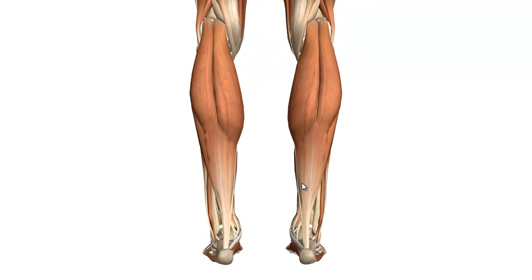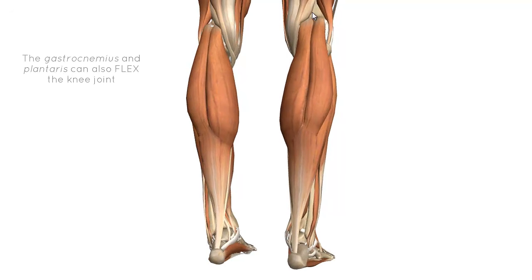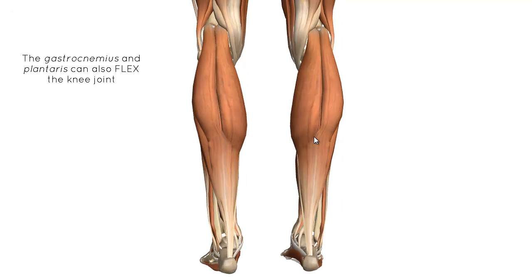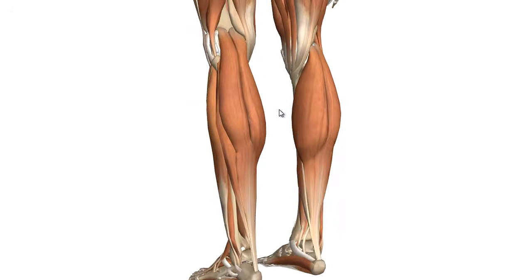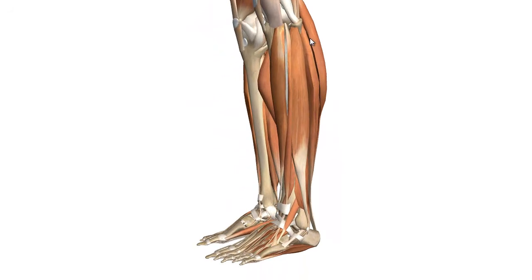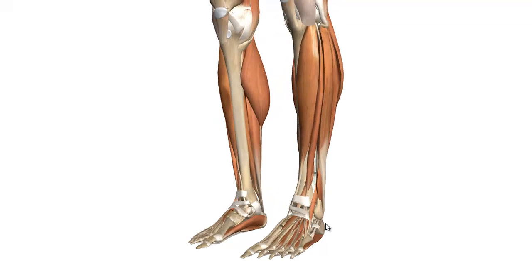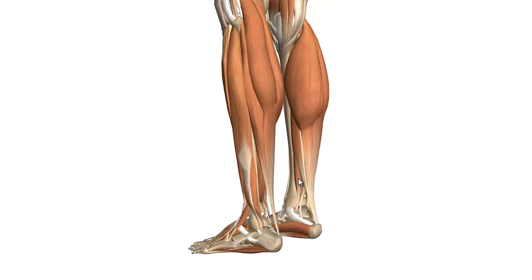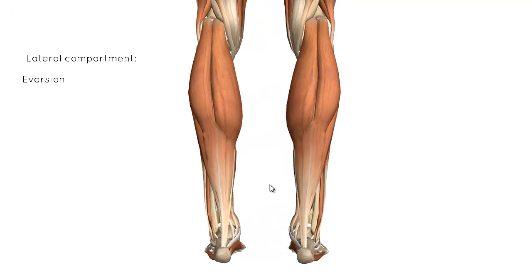As well as plantar flexion, flexion of the digits, and inversion, there are two muscles in the posterior compartment which can also flex at the knee because of their attachment on the femur, and these are the gastrocnemius and the plantaris muscle, which I'll come on to talk about. The lateral compartment muscles lie laterally, and these evert the foot. So this tutorial will be concerned with the muscles of the posterior compartment of the leg.